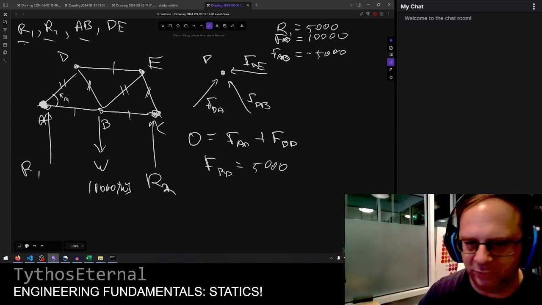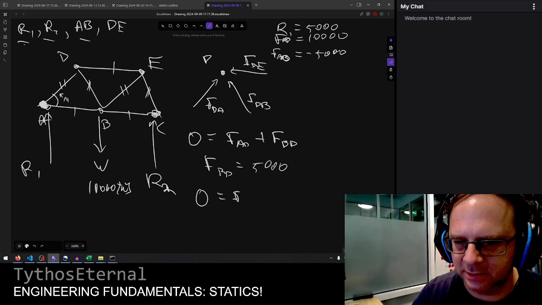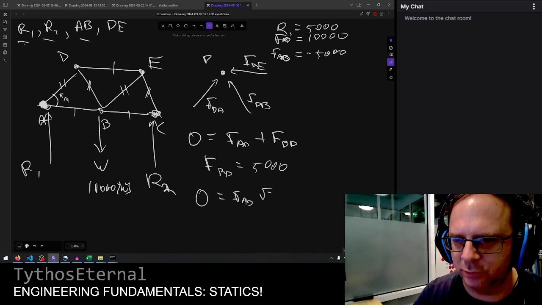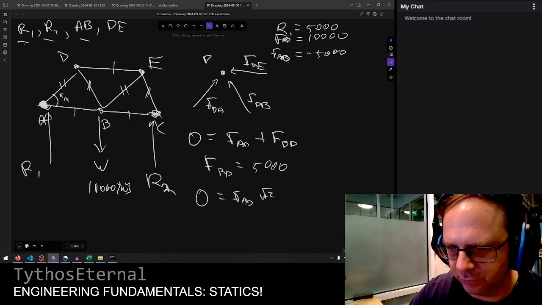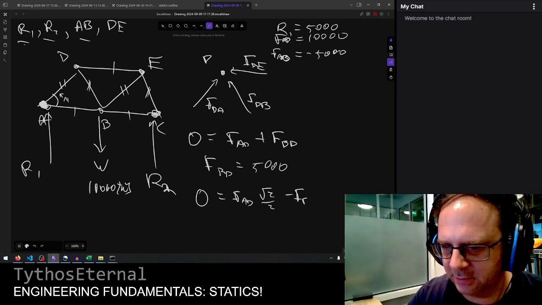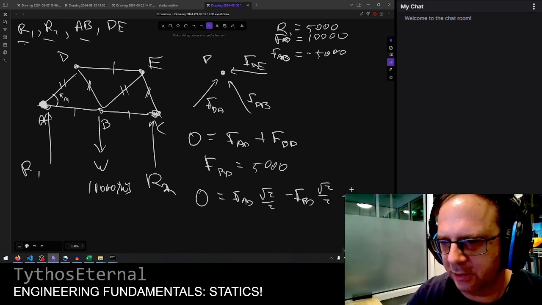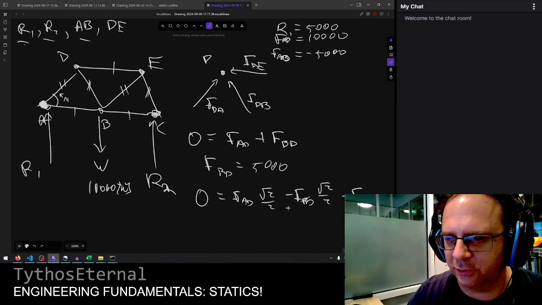And that means when we summed in the x direction, we said FAD root 2 over 2 minus FBD root 2 over 2 minus FDE. So we know this, this is the same but opposite signs.